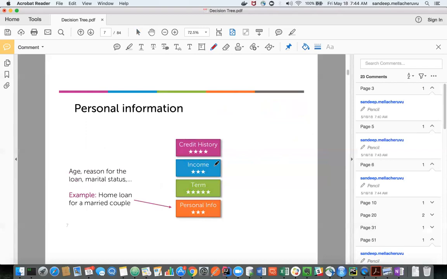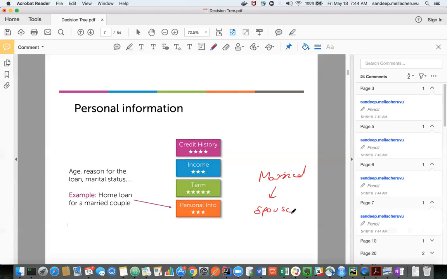Again, personal information, there could be many reasons. If he is married, then even if that person is not able to repay the loan, maybe you can ask the person's spouse to repay the loan. So these are some alternative arrangements that you can keep in your loan agreement.